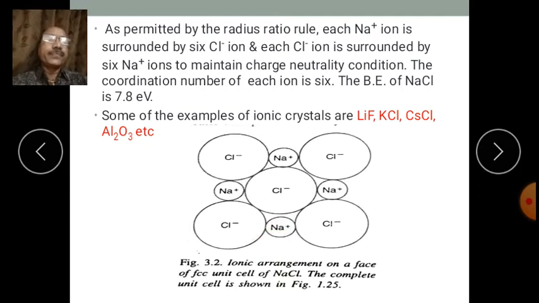So each Na plus ion is surrounded by 6 chlorine minus ions. Similarly, each chlorine minus ion is surrounded by 6 Na plus ions. So this is how the charge neutrality is maintained. It is a face-centered cubic structure.